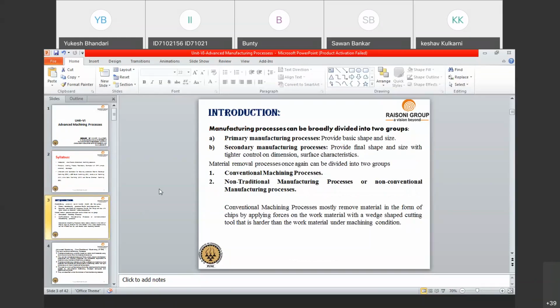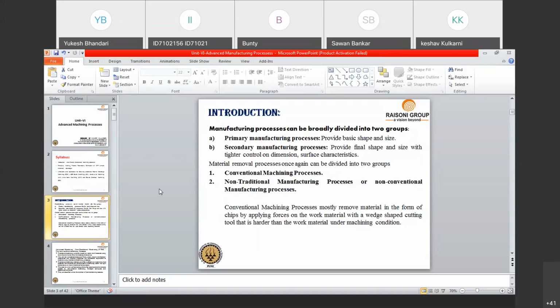And secondary manufacturing process is the final shape, when you provide the final shape and size following tight control on dimensions and tight tolerance on surface characteristics, then it comes under secondary manufacturing processes.